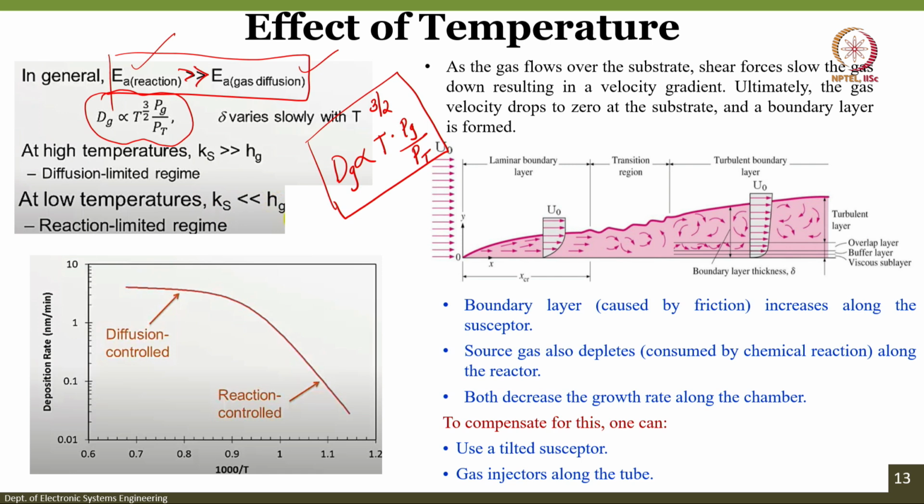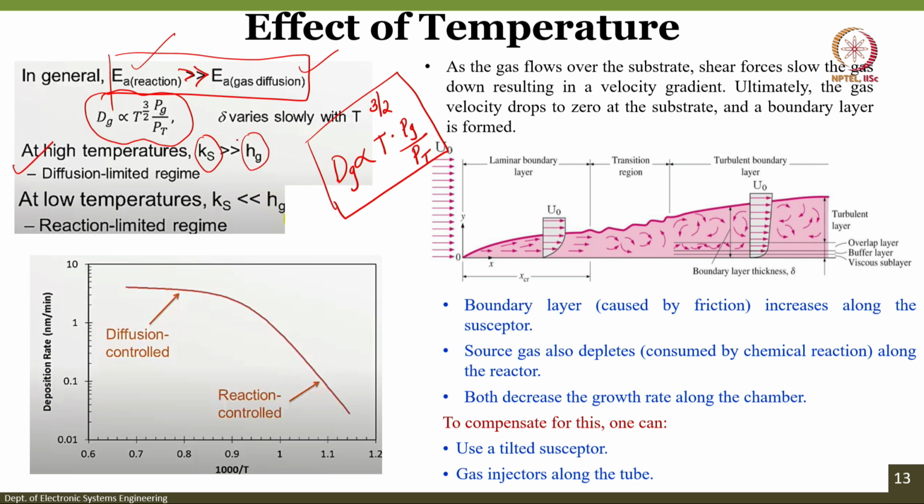So we can see that diffusivity varies very slowly with temperature, whereas a surface reaction varies to a large extent with temperature. From that perspective, at very high temperature, the surface reaction happens at a faster rate than the diffusion mechanism.